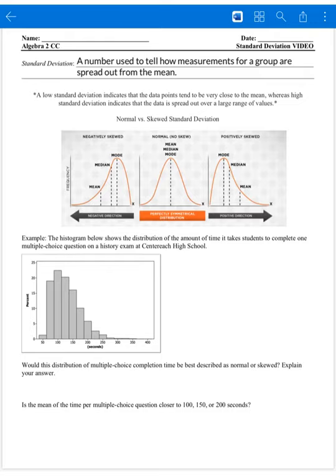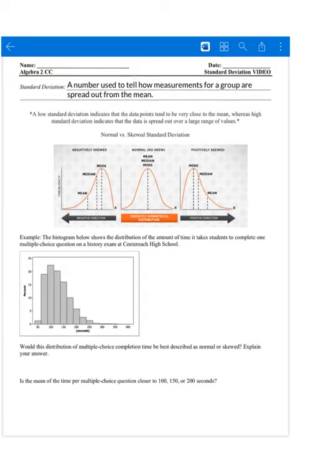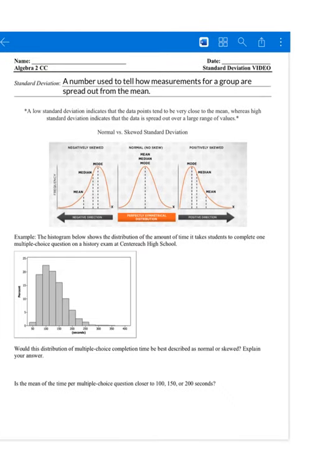Especially with what's going on in the news right now, you're going to see a lot of what's called bell curves. If you have a curve, and this here is the mean, x bar, we did that yesterday.